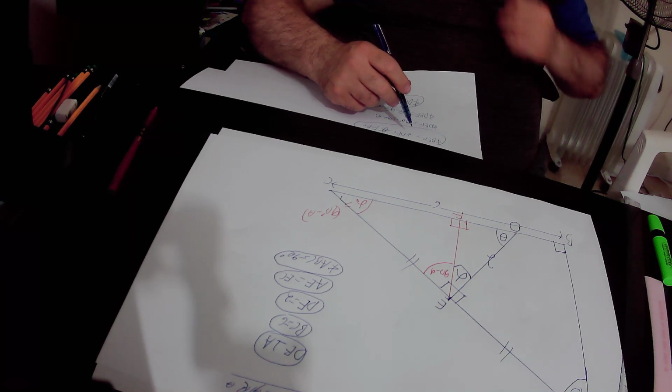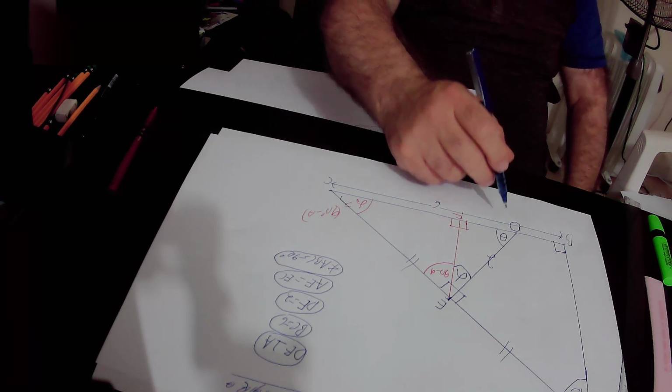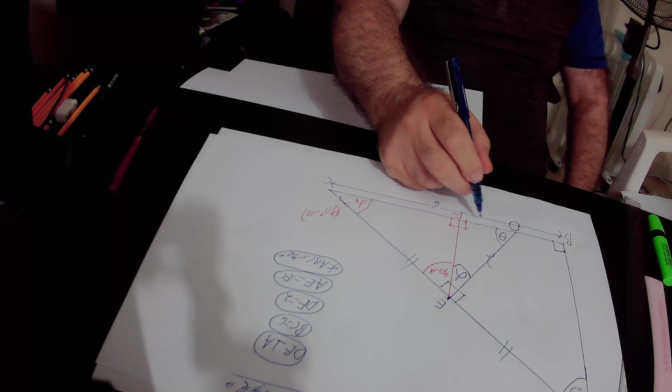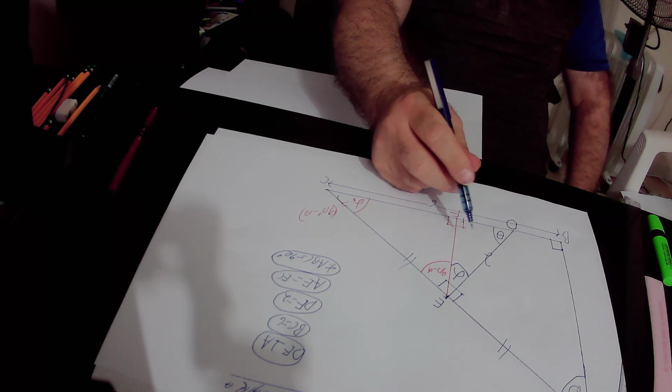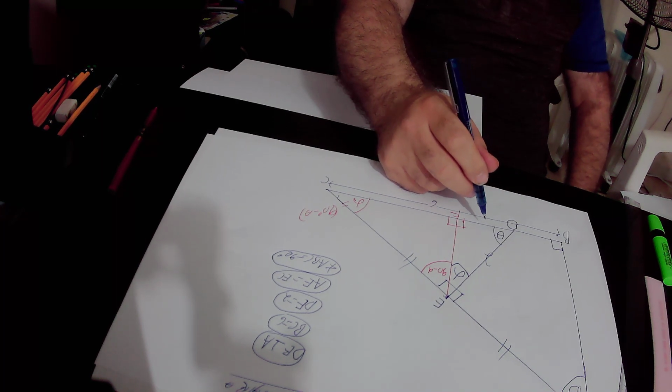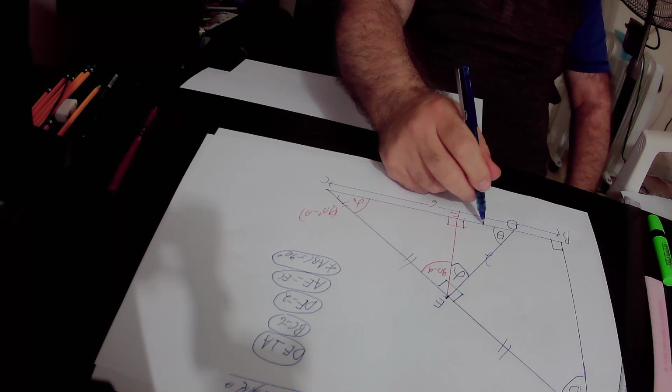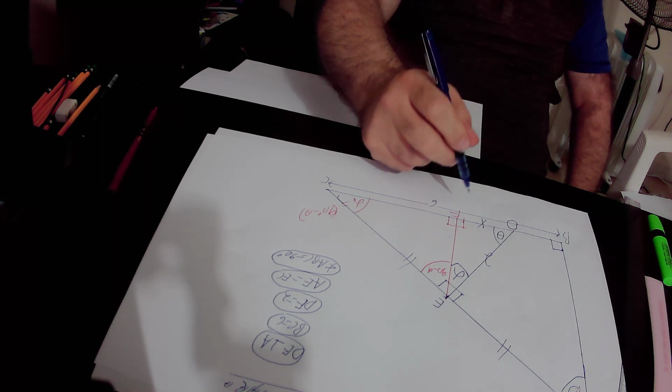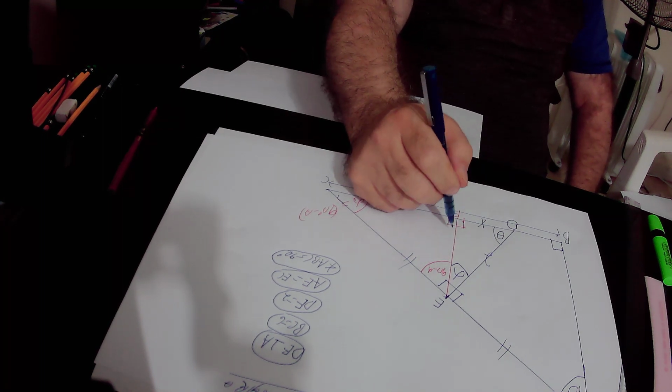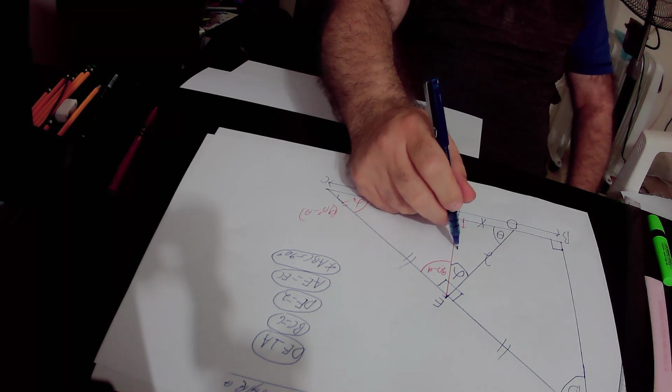In the next step, we will define side DF of the right triangle DEF as x. We will define side FE of the right triangle DEF as y.